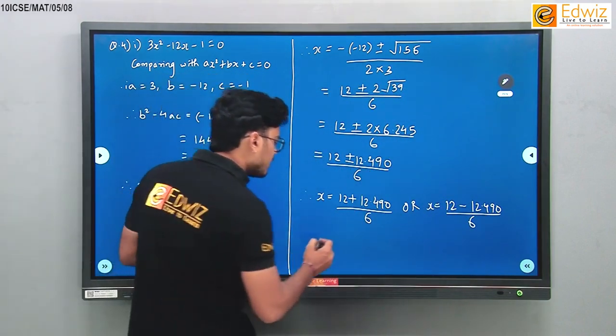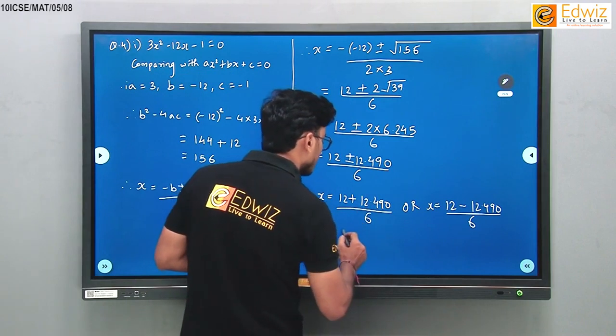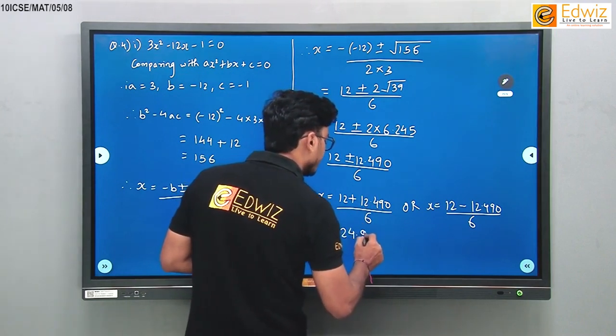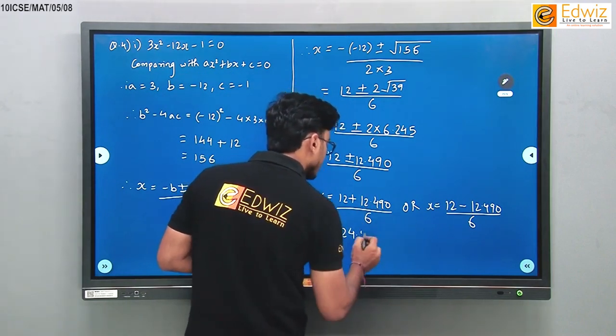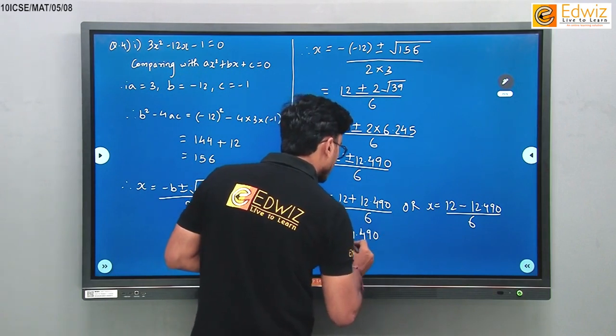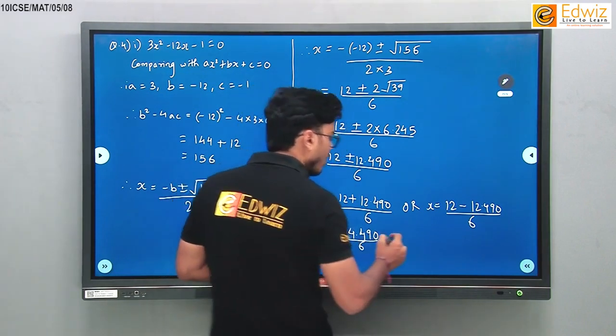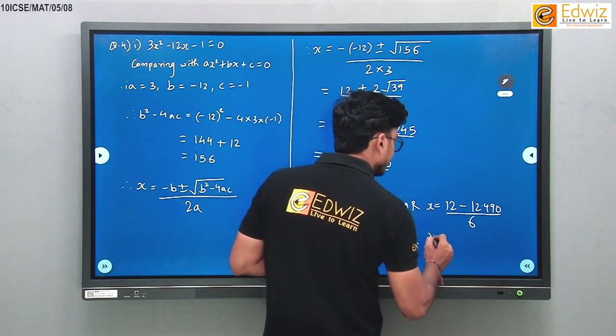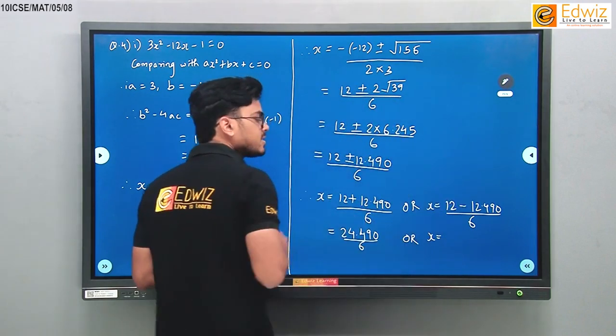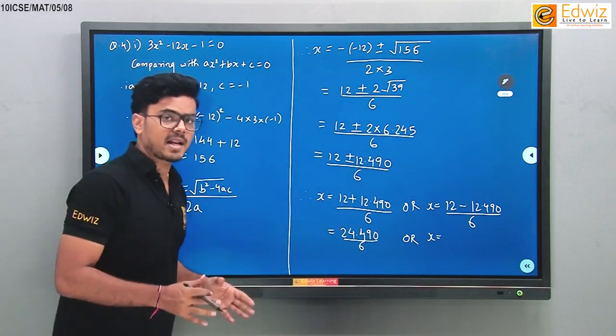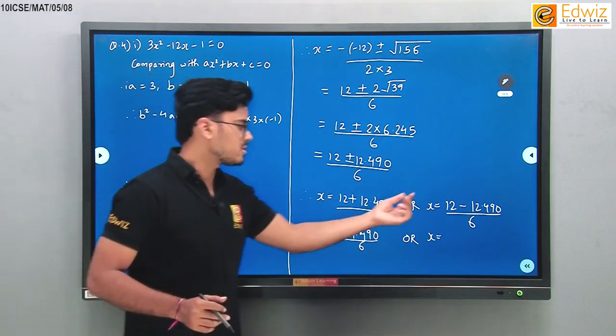Correct? So which is equal to 12 plus 12, we all know 24.490 here, 24.490 divided by 6, or x will be equal to 12 minus 12.490. So we will subtract and give the negative sign because we are subtracting a bigger number from a smaller number.